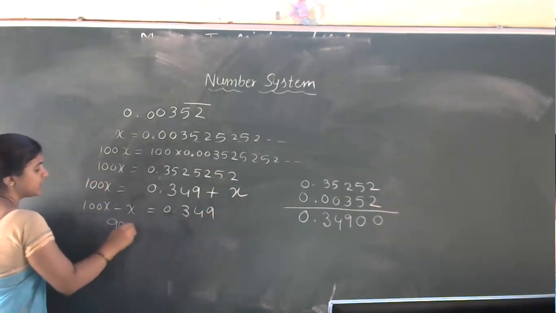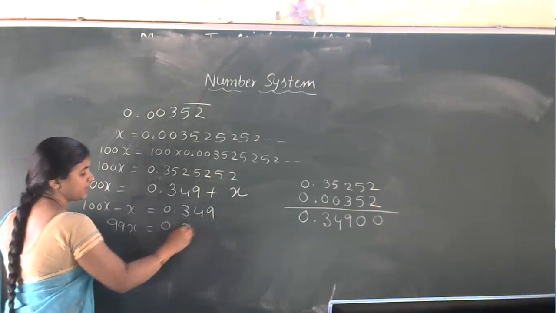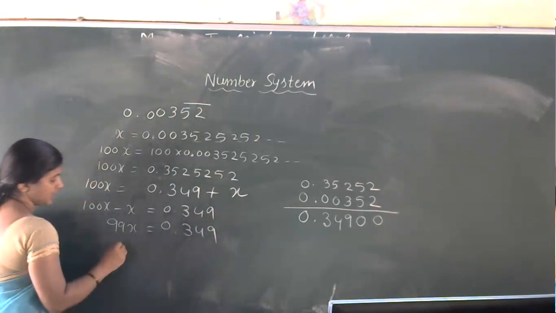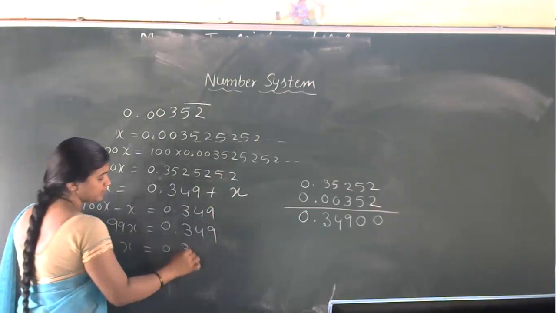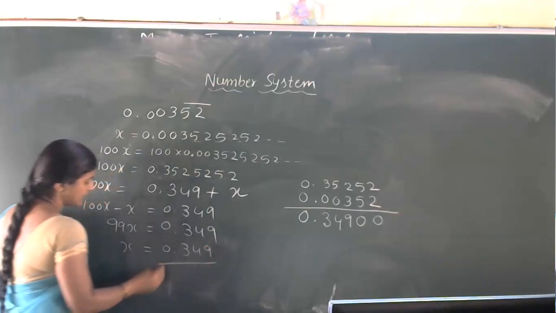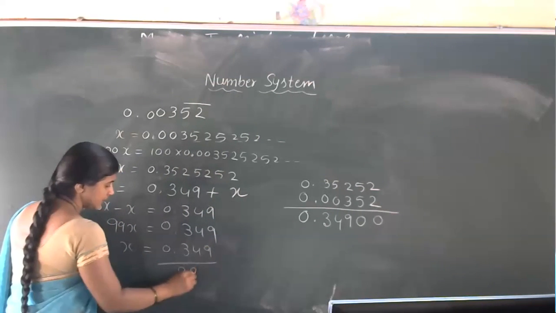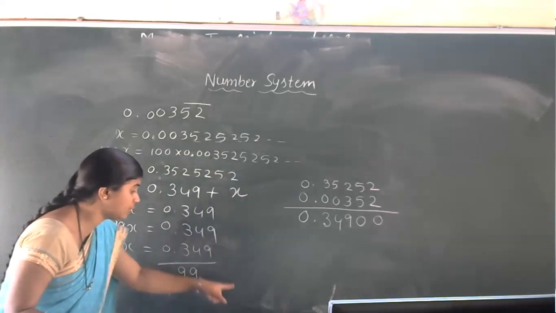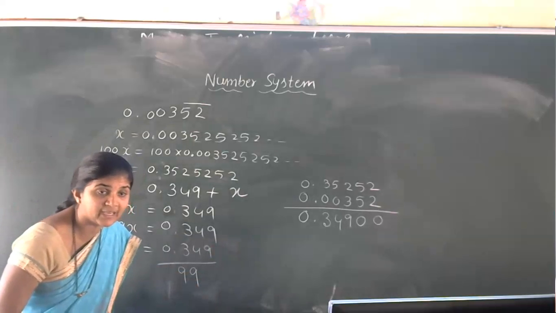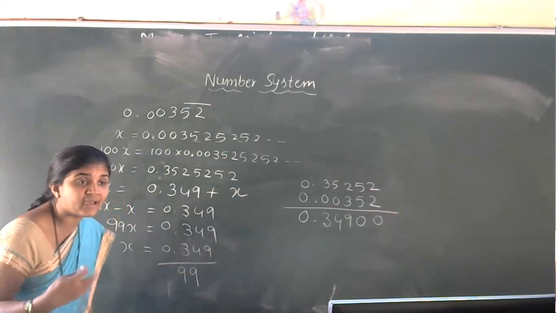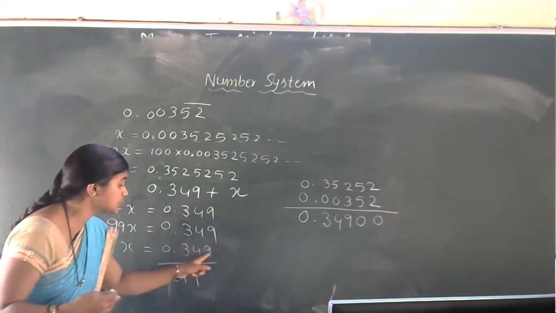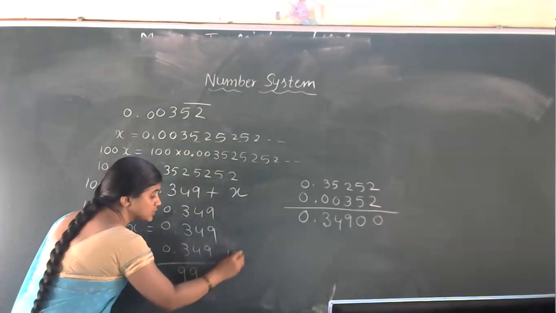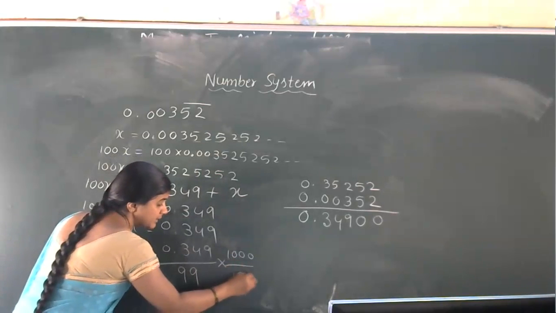Then here 99x is equal to 0.349. So then x is equal to 0.349 divided by 99. Then which number do we have to take for both numerator and denominator for the multiplication? Yes, which number do we have to take? 1, 2, 3. So into 1000 divided by 1000.